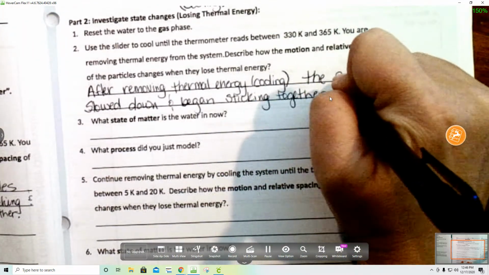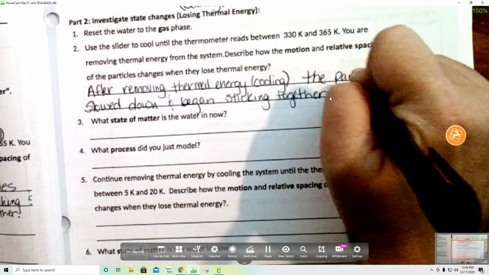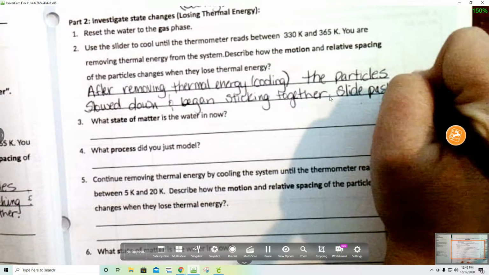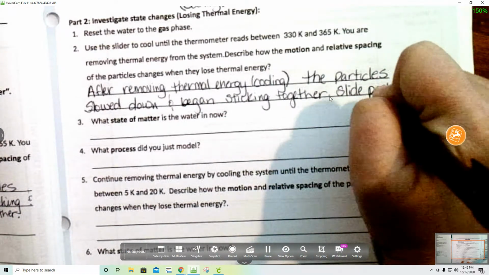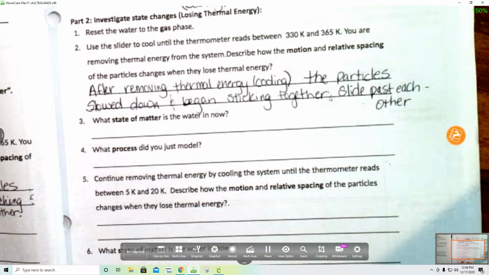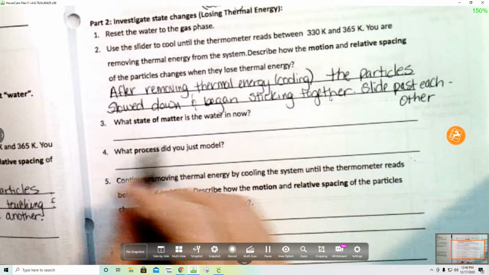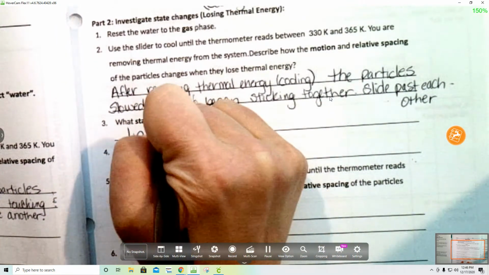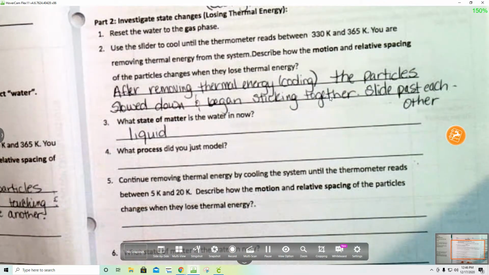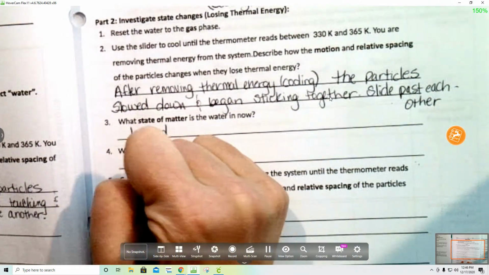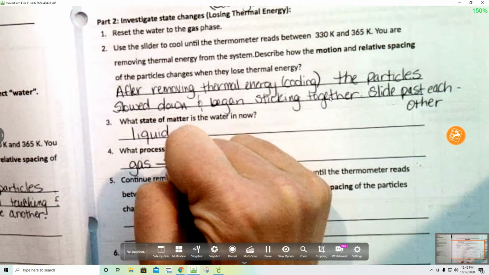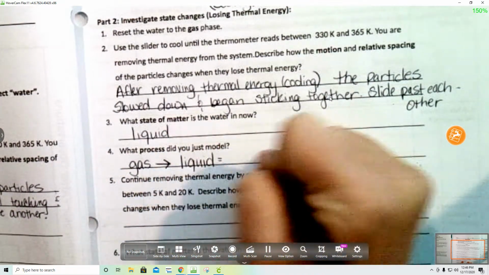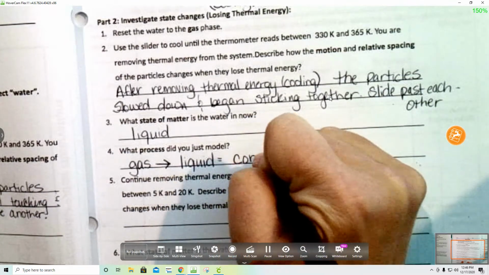They slide past each other. Okay, what state of matter is this water in now? Well, now it's in a liquid state. What process did we just model? Well, we went from a gas to a liquid, equals condensation.